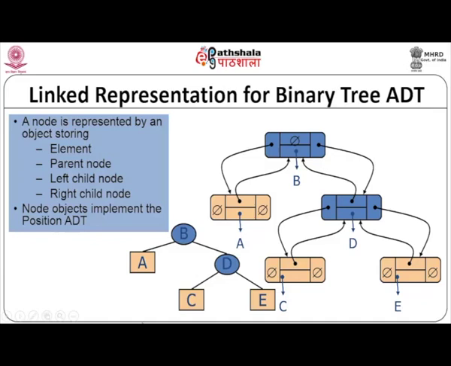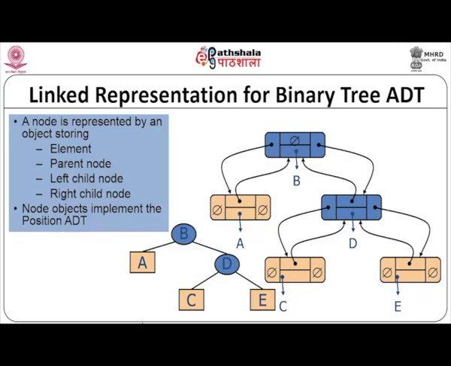If you look at the node B, again we are using the small tree there. B does not have any parent, so that is null, and the left child is pointing to A, the right child is pointing to D, and the value B is there. If you take A, A is pointing to B as its parent, it has no left child and no right child.